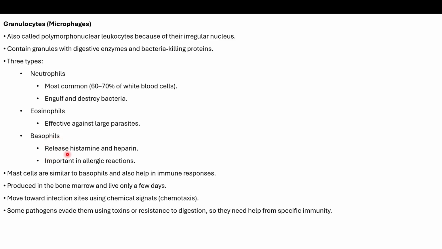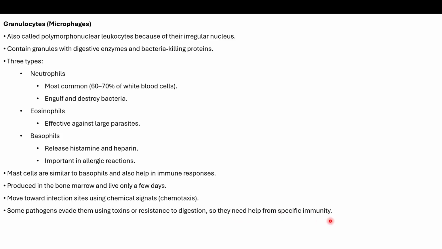Then there are basophils, which release histamine and heparin and are important in allergic reactions. Then there are mast cells, which are similar to basophils and help in immune response. These are produced in the bone marrow and live for only a few days, and they move towards the infection sites via chemotaxis.